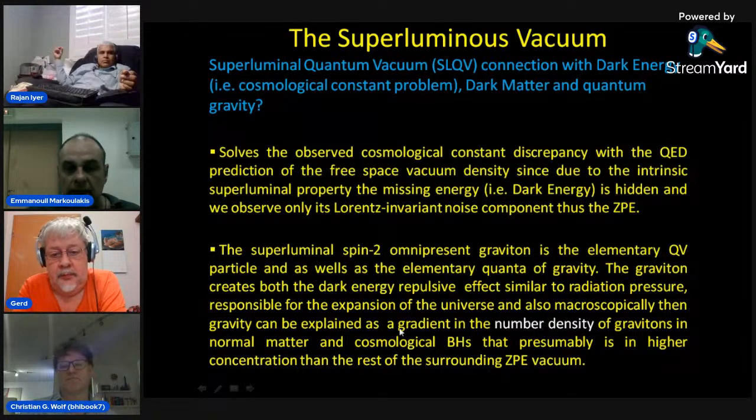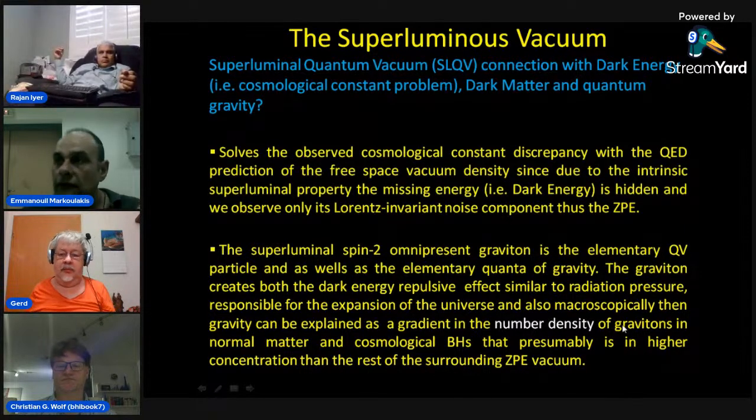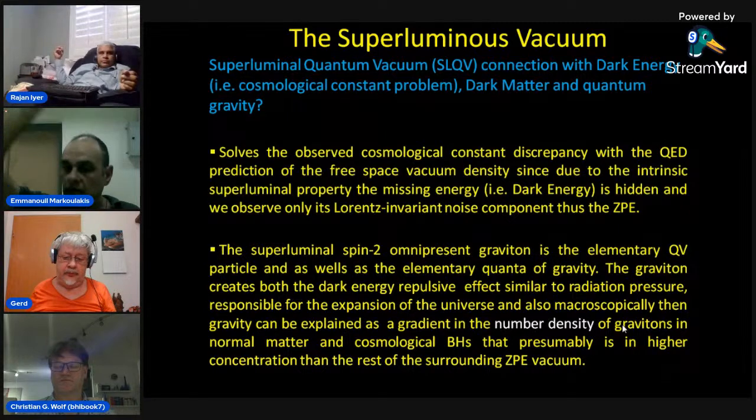gravity can be explained as a gradient of the number density of gravitons in normal matter and cosmological black holes that presumably is in higher concentration than the rest of the surrounding 0-point energy vacuum. So whenever you have matter, or cosmological big black holes, normal black holes, you have a larger concentration of the gravitons relative to the rest of the surrounding vacuum.